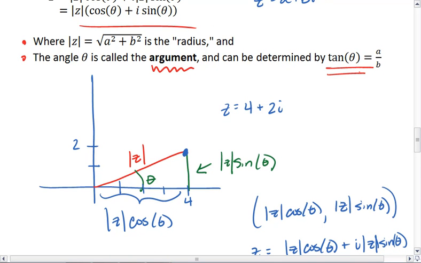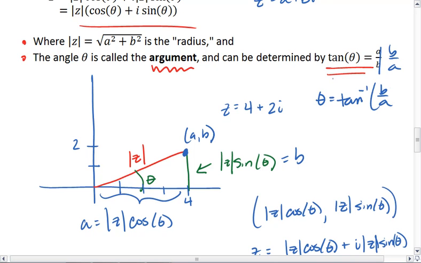Actually, if this point is a comma b, tan of theta should be b over a, because a is our horizontal distance and b is our vertical distance, and tangent is opposite over adjacent. So what we see then is that theta equals the tan inverse of b over a.